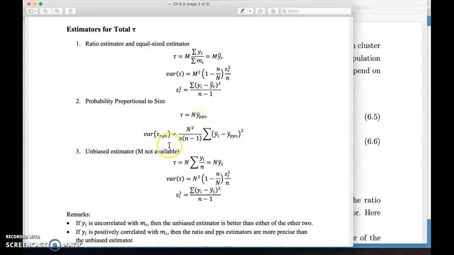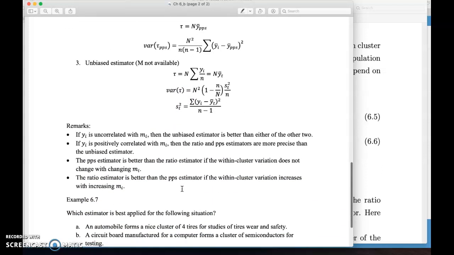And then the estimated variance formula is simply S squared multiplied by the estimated variance of Y bar PPS. For the unbiased estimator, when M is not available, we again use the unbiased estimator for the cluster average multiplied by the total number of clusters in the population, and we find the estimated variance accordingly.